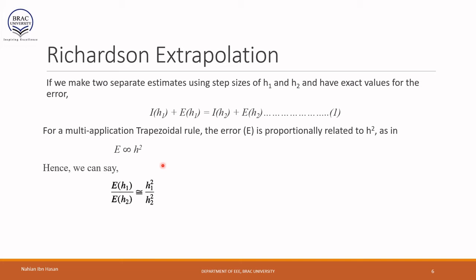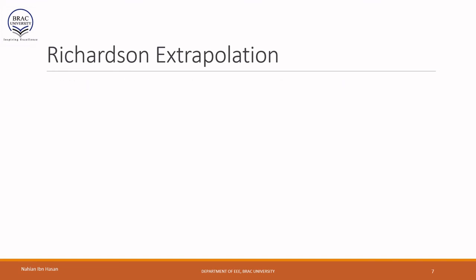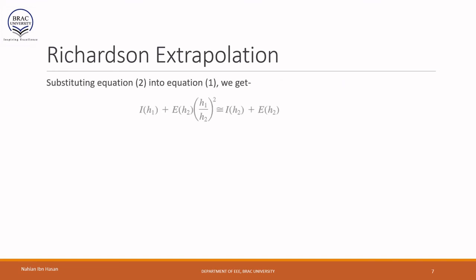So we can say E of h1 divided by E of h2 equals h1 square divided by h2 square. This formula, equation 2, can be substituted into equation 1, and we will get this formula. Here we have E of h2 on both sides, so if we solve for E of h2, we will get something like this. This is the approximated result of E of h2.